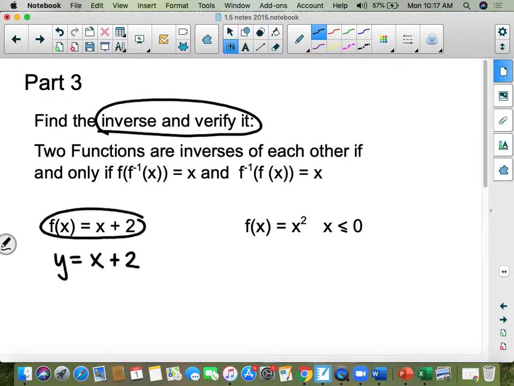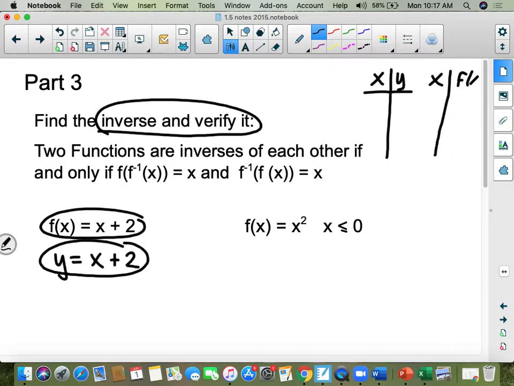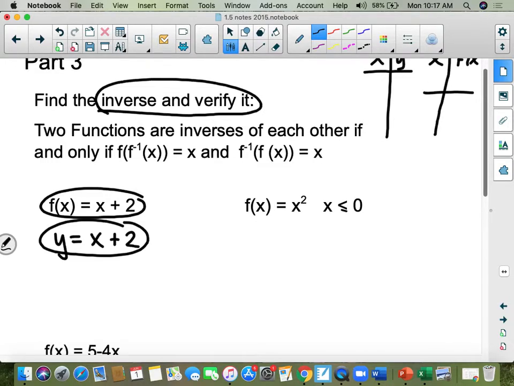These two are exactly the same thing. This is x and this is y, or this is x and this is f of x; it means exactly the same thing. Those are the points.